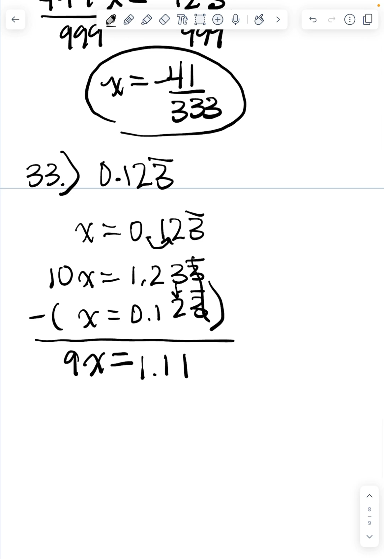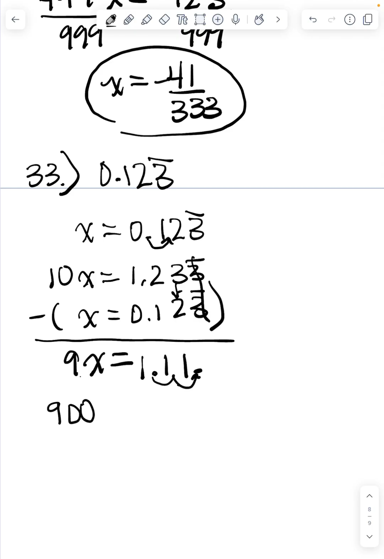All right. I don't like to see these decimals in here as part of my fraction. I could divide by 9 and have all of that, or it's probably just as beneficial right now to get rid of that decimal. I can get rid of this decimal by moving it 2 times to the right. As long as I do that on this side of the equation, though, I have to make sure I do it on that side of the equation.